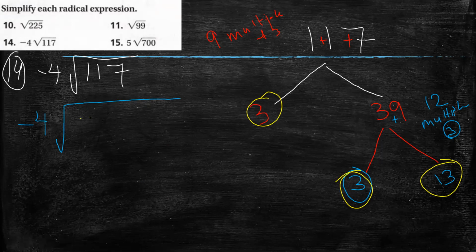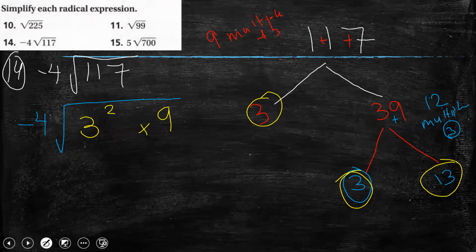We write them as 3 squared. If you have two numbers repeated, write them as 3 squared. Okay? Is it clear? Yes, teacher. Okay.